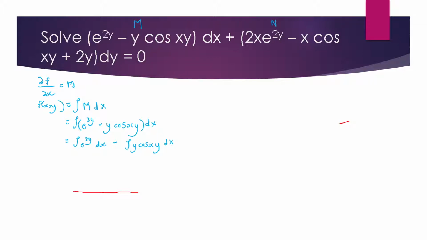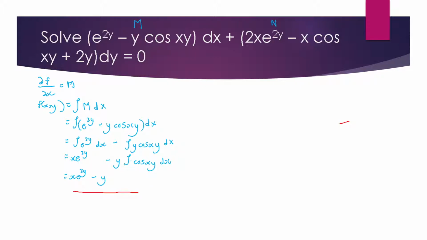Integrating the constant with respect to x, we have e^(2y) multiplied by x. Integrating y cos(xy) with respect to x, where y is constant, you can factor out y, and then integrate cos(xy) dx. You have x e^(2y) minus y here.